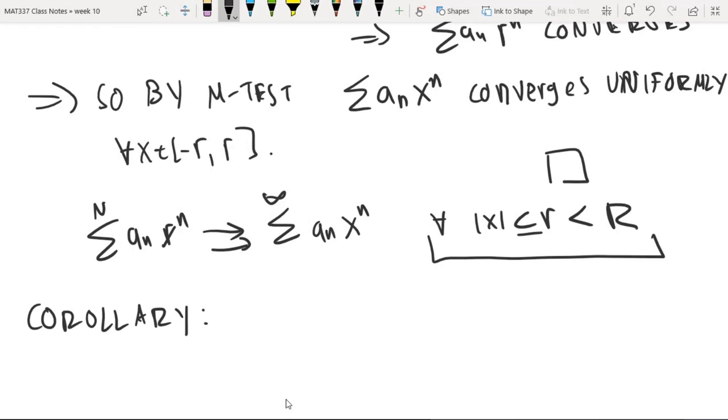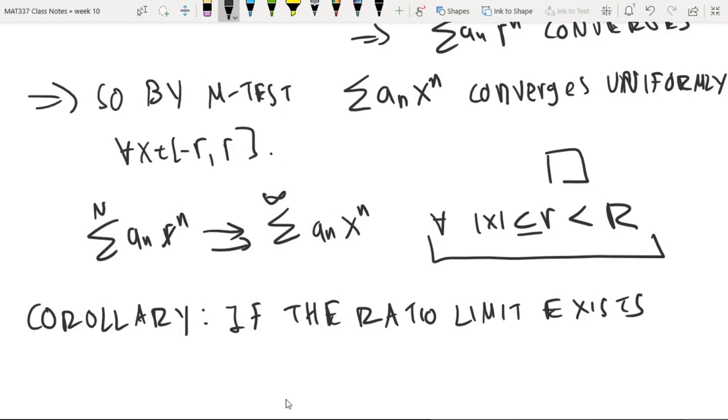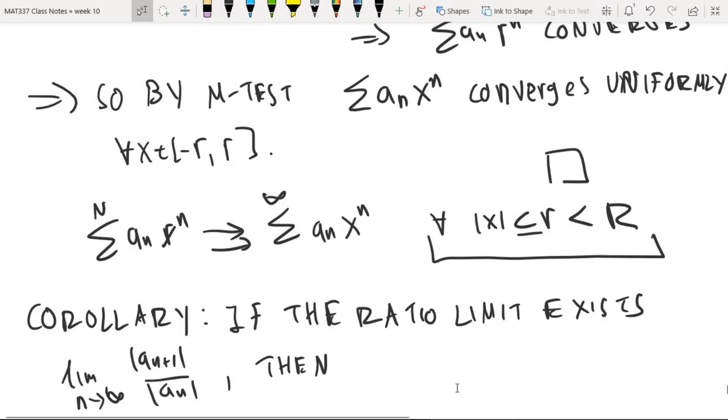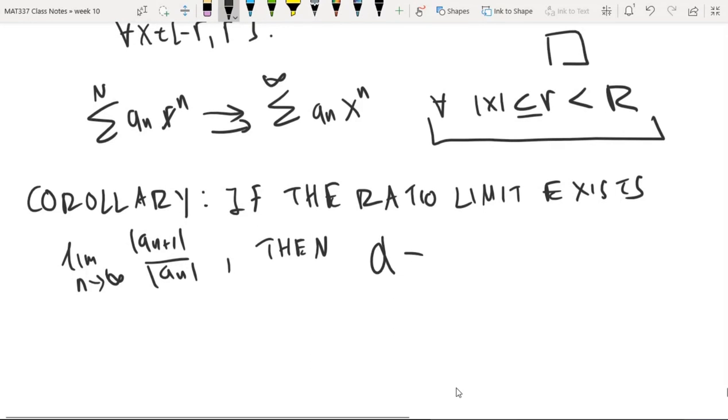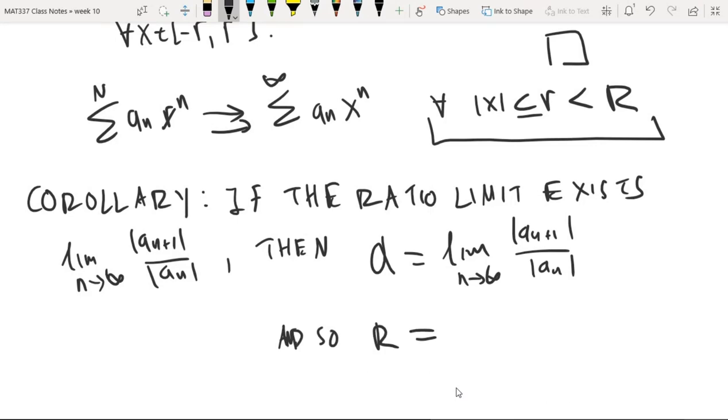Corollary: if the ratio limit exists, meaning the limit of an plus 1 over an exists, then in fact alpha is equal to that, and so the radius can also be written as the limit of an over an plus 1.